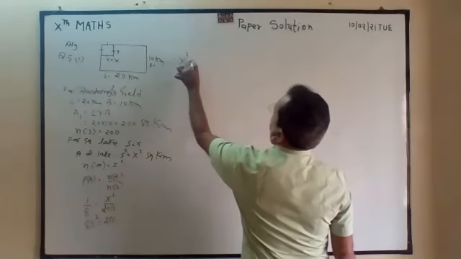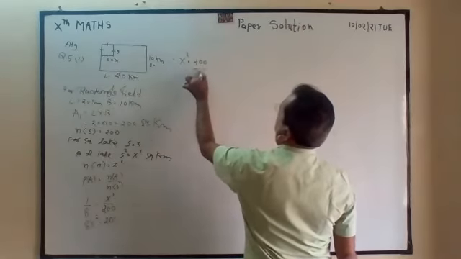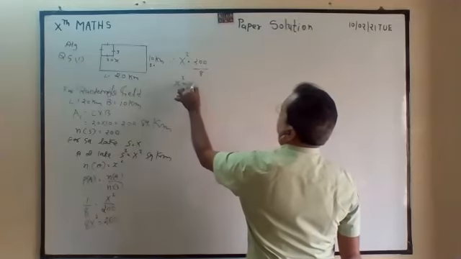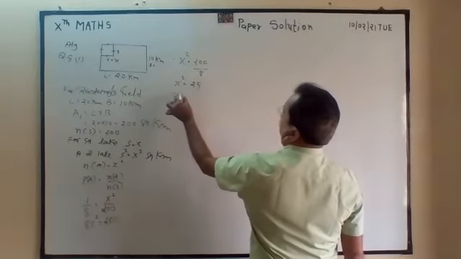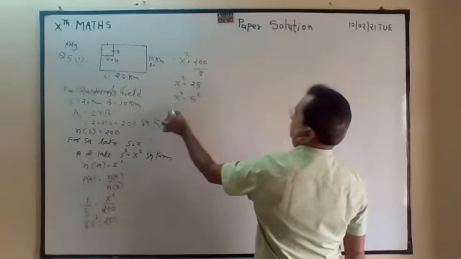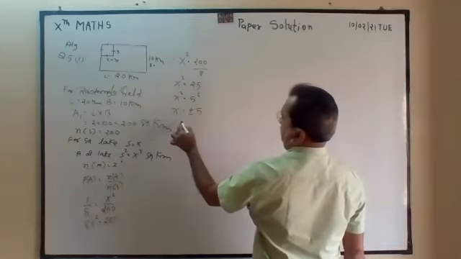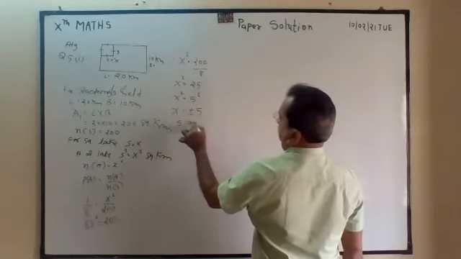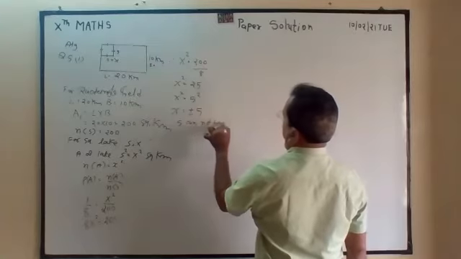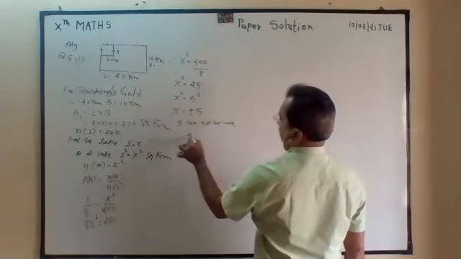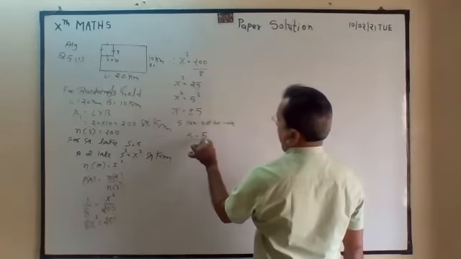Therefore, x square is equal to 200 divided by 8. So x square is equal to 25. So x square is equal to 5 square. So x is equal to plus or minus 5. And side cannot be negative. Therefore, side is equal to 5 kilometer.